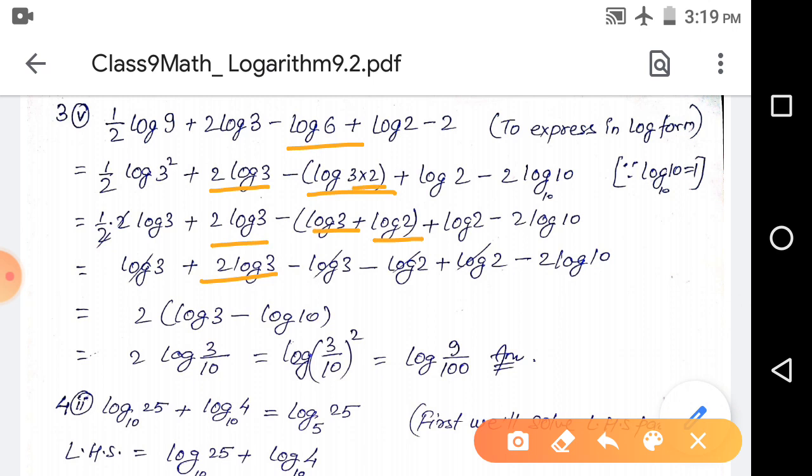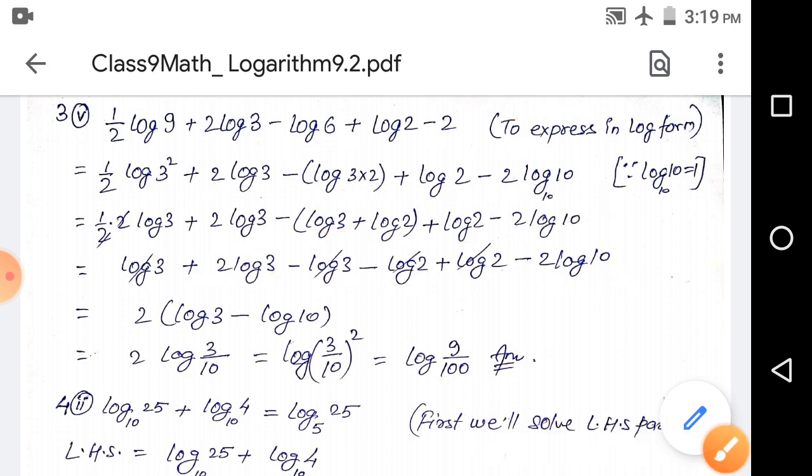Okay, so this one is log 3 minus log 2, because the minus sign is present here outside the bracket, and this one is log 2 as it is, and this one is 2 log 10. So for this 2 we are writing here 2 log 10, because this is 2 into 1, and this 1 means log 10.